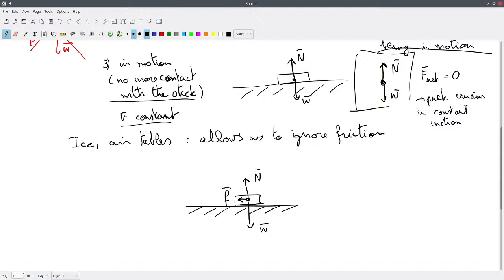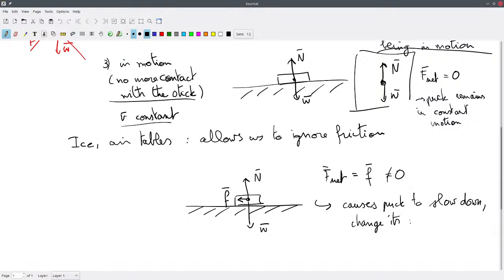I'm going to draw a little force, little f, such that the net force now is little f, which is non-zero, and that will cause the puck to slow down. In other words, change its velocity until, of course, it's at rest.